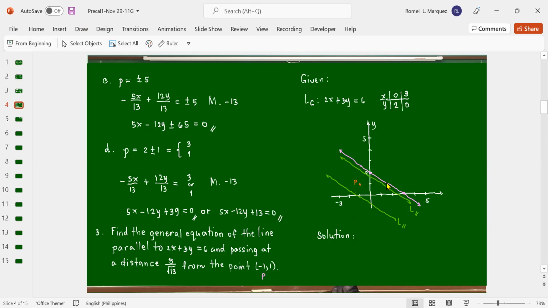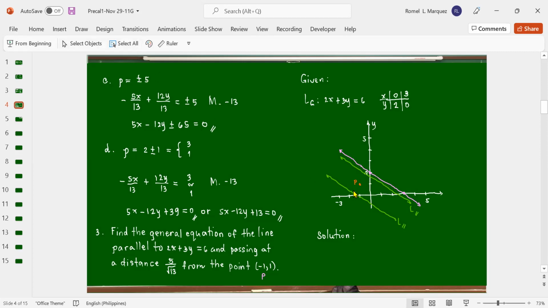So we can't compare it to the pink immediately, no? Although we can determine the P of the pink, but what is given about the green? Just the distance from this point. Okay? We cannot have a comparison with the P of the given line.